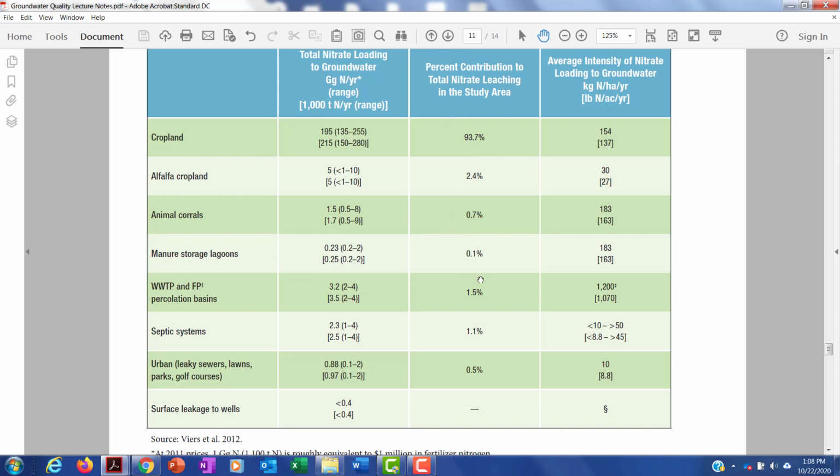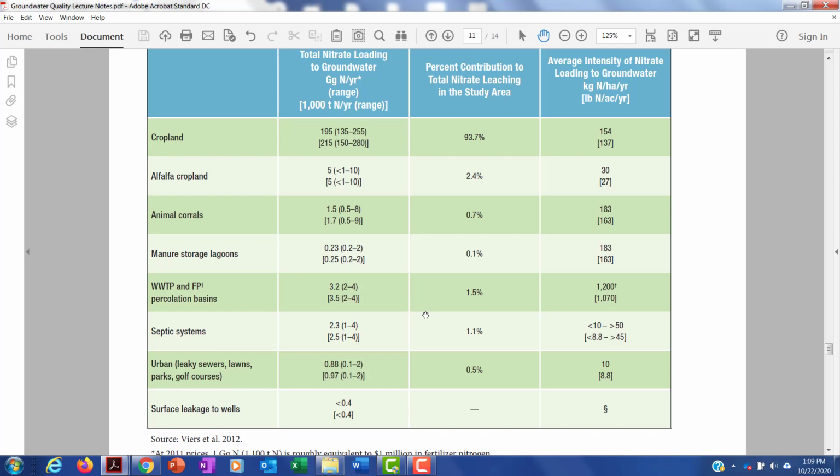If you grew up near dairies, like I did in Modesto, and you know where some manure storage lagoons are, you might also conclude that that would be a big problem. And again, locally it is, but it's not as big as cropland. And then finally, septic systems do cause people a problem. When you have a small property and you're not on a sewer line, your waste goes right to the septic system in the backyard.